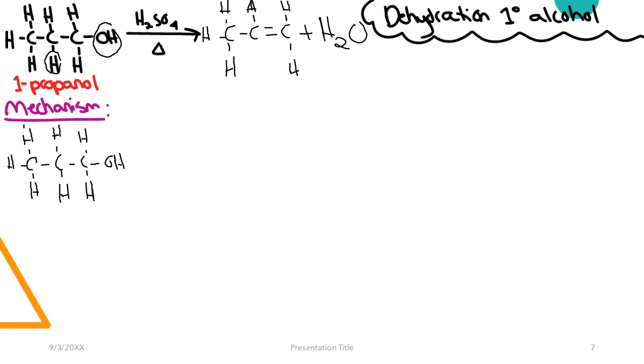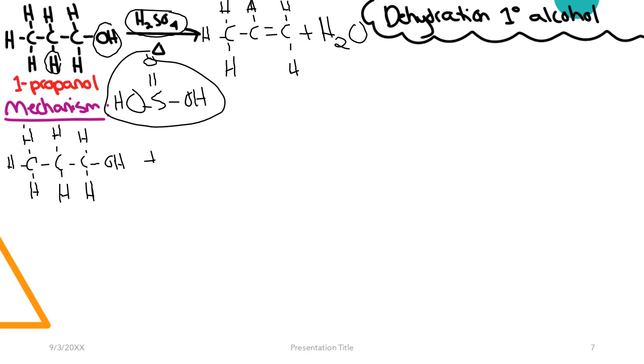But we want to take it off, so we want that bond to weaken and be able to break off. So I have to catalyze with an acid for the protonation step. And if you don't remember, the sulfuric acid structure is this right here.